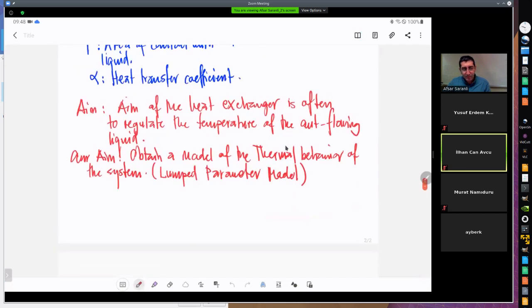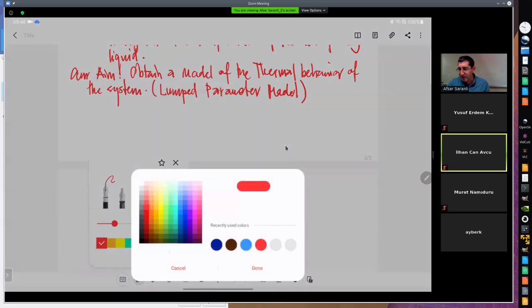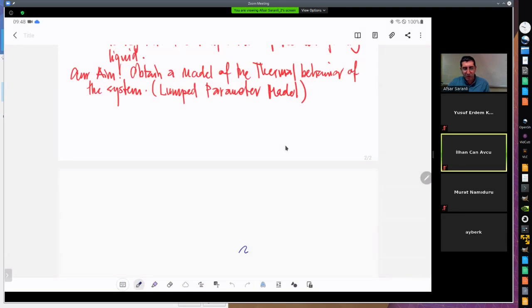Now, how do we come up with the dynamic equations? Remember that we will make use of the same concept of the conservation law. We will do the same as we have done before for the conservation of mass.